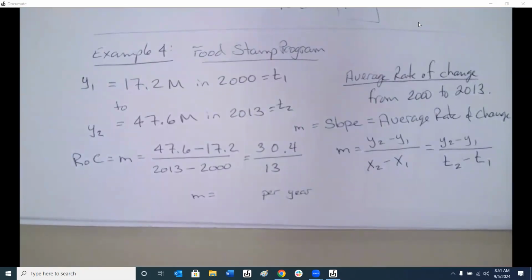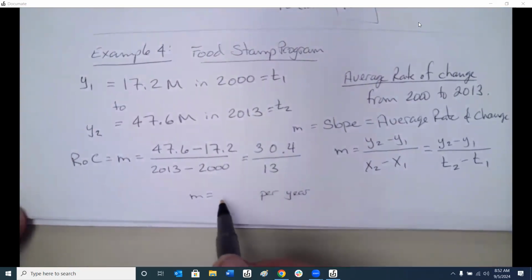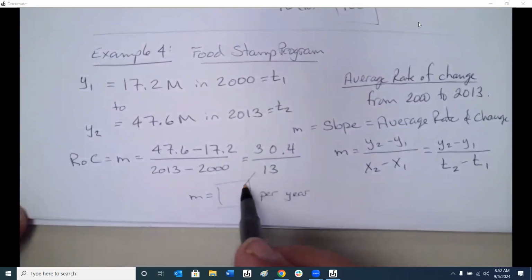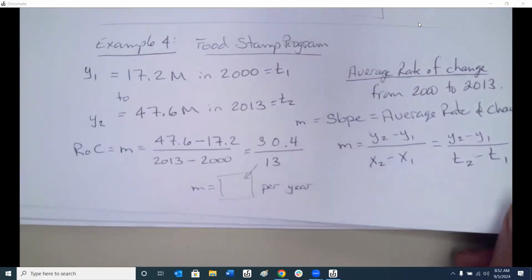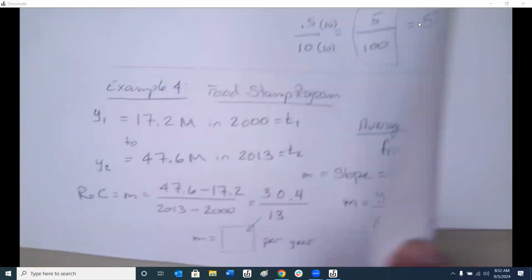If we make that division, then it's going to give us how much it changes per year. And since 13 doesn't go into 30, it's going to be some decimal. So far, so good. All right.